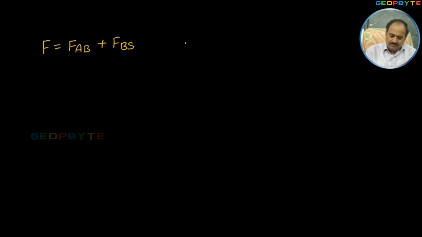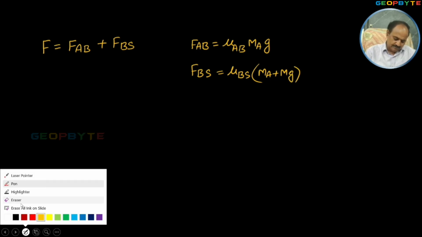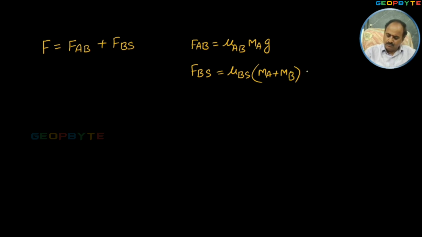What is the frictional force between A and B equal to? Mu between A and B into MA into G. Similarly, the frictional force between B and surface equals mu between B and surface into (MA plus MB) into G.